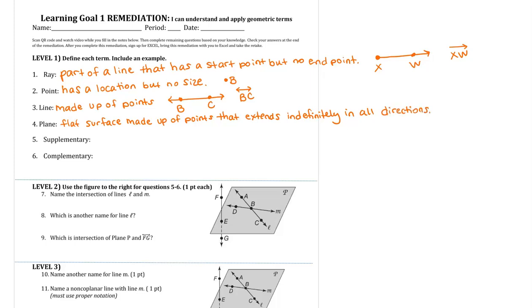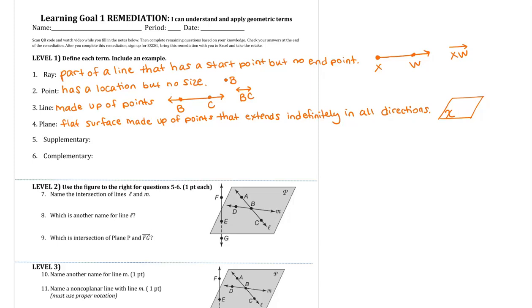To give an example of a plane, we use this sort of slanted rectangle. We'll get into the name of that next semester. And we use a capital cursive letter, so do your best to make a little cursive letter. We'll call this plane X. So I've used a capital X, and that would be plane X.